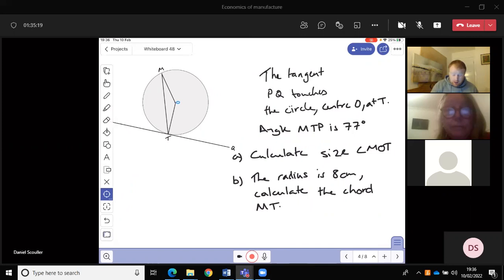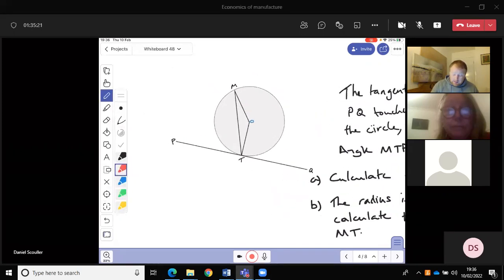Essentially the angle MTP starts at M, the angle itself is at T, the middle letter, and then it goes to P. That's the direction, M, T, P. The angle they're considering, the one that is 77 degrees, is this one in here.